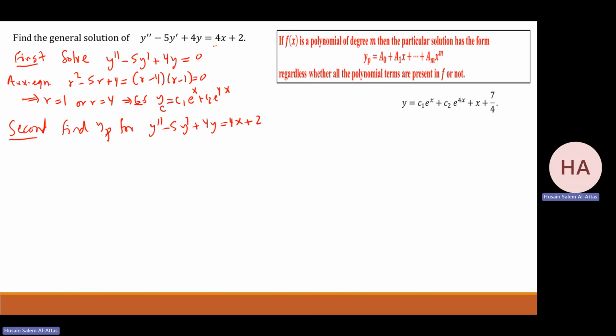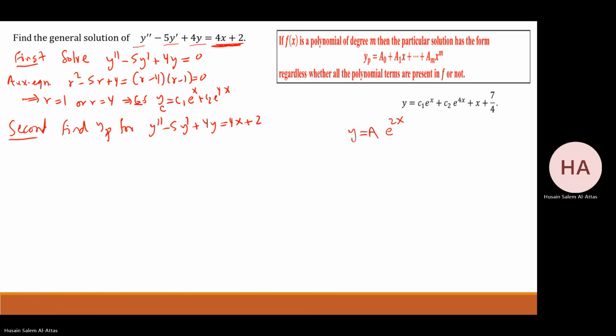If the right-hand side is 4x plus 2, for sure I need y double prime, y prime, and y. If I make y a function of e to the power 2x, for example, will that give me 4x plus 2?